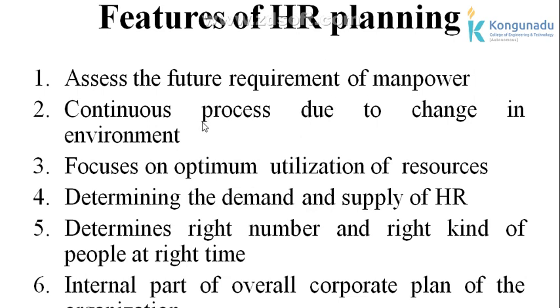Next one is that it is a continuous process. HR planning prepared today may not be applicable for the future due to the ever changing environment, and hence it needs to be revised and updated continuously. So it is a continuous process due to the changing environment.